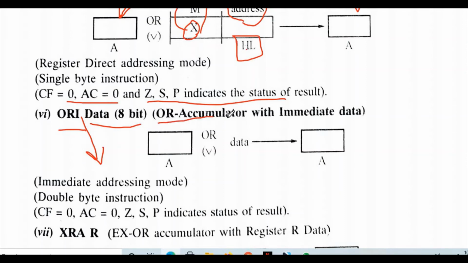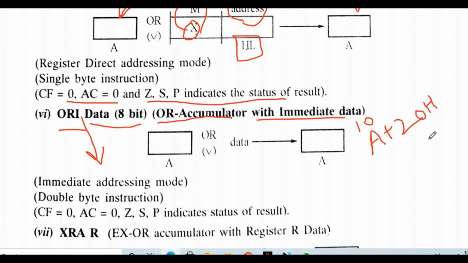Suppose the instruction is ORI 20H, and the contents of the accumulator, let it be 10H. ORing of 10H and 20H will be done after the execution of this instruction, and the final result will be stored in the accumulator. This is a double byte instruction, 1 byte for ORI and 1 byte for the 8-bit data given along with the instruction. Carry flag will be 0, auxiliary carry 0, and sign and parity flag will indicate the status of the result.